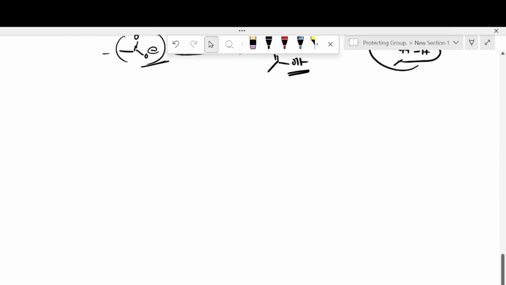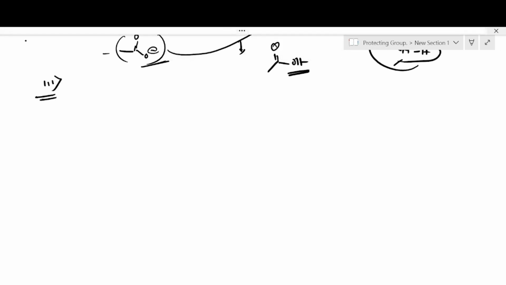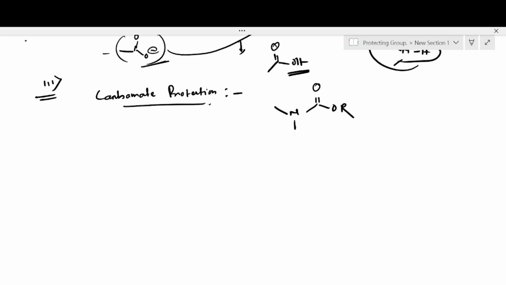So what is the next protecting group? The third one is carbamate protection. The chemical structure of a carbamate is this.